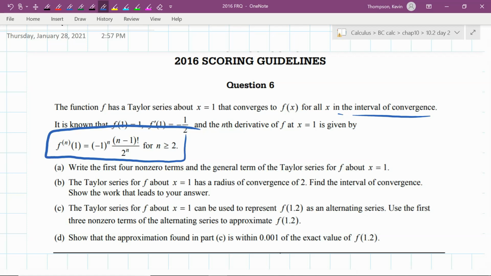Do you see that it doesn't say degree 4? So be sure you answer the question that corresponds to this, and notice that it's about x equals 1. Okay? So be sure you get the right quantities. That piece should go fast.